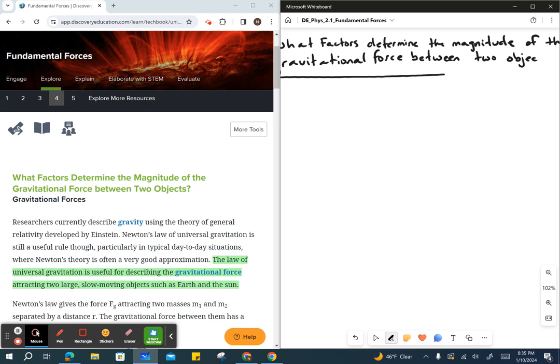Okay. You've got object A, you've got object B. What makes gravity stronger between them? Or conversely, what makes the gravity between those objects less?